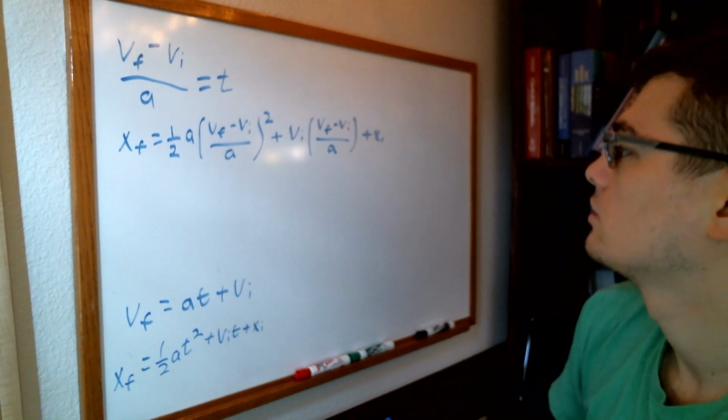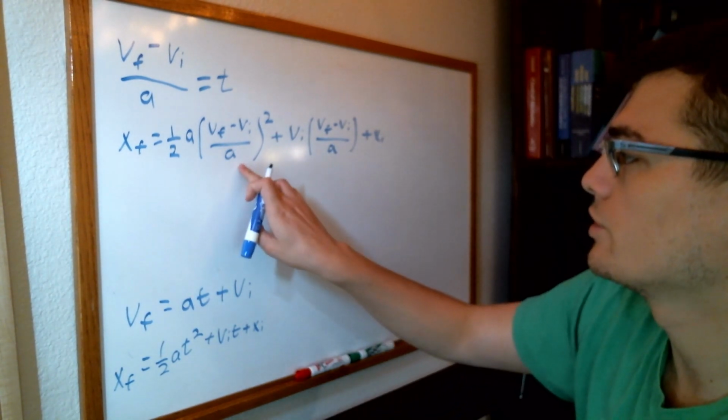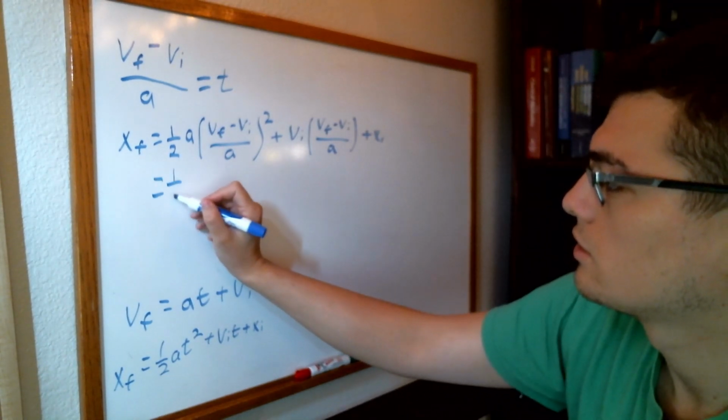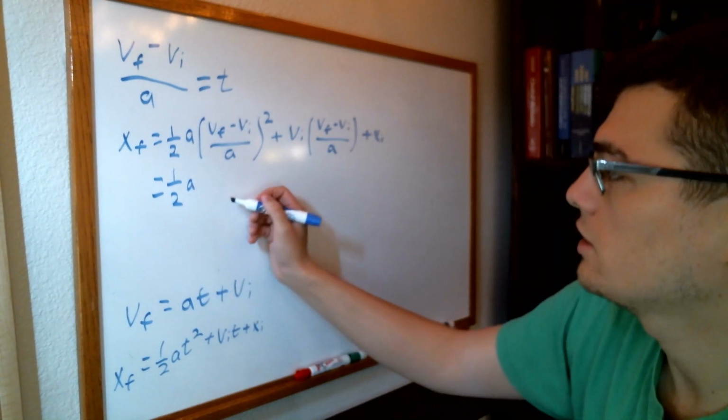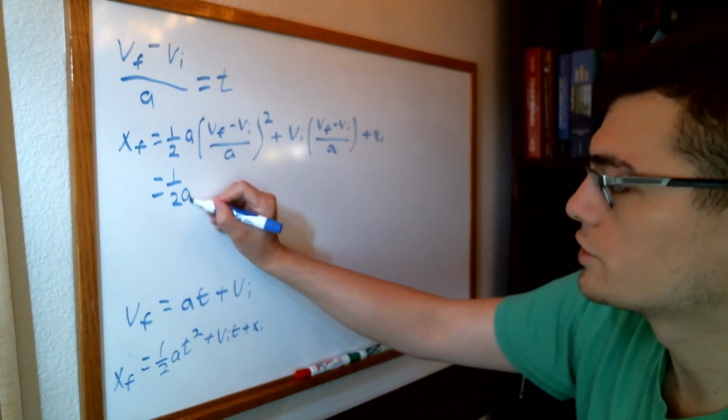So first thing that I think we should do is let's FOIL this. So this is going to give us 1/2 a. So we're going to have an a squared on the bottom. So this is going to be 1 over 2a.